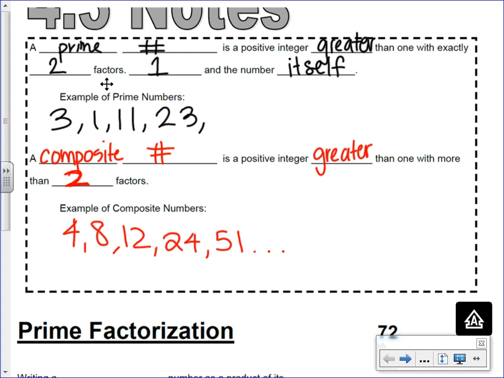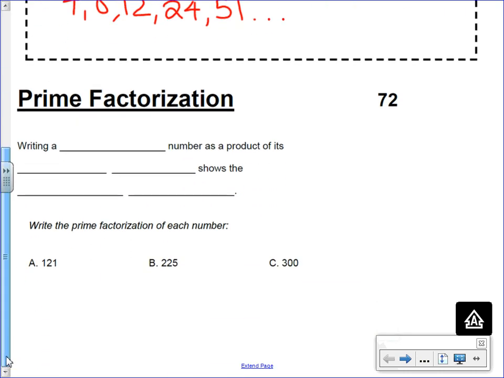Okay, so today we're going to look at how to write prime factorization. Prime factorization is pretty simple. We're going to take a composite number and write it as a product, and remember, product means to multiply, of its prime factors.